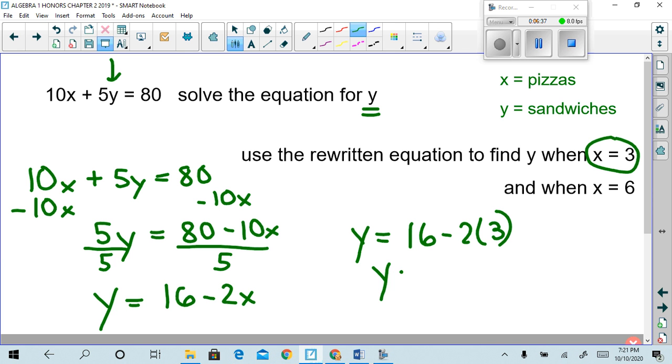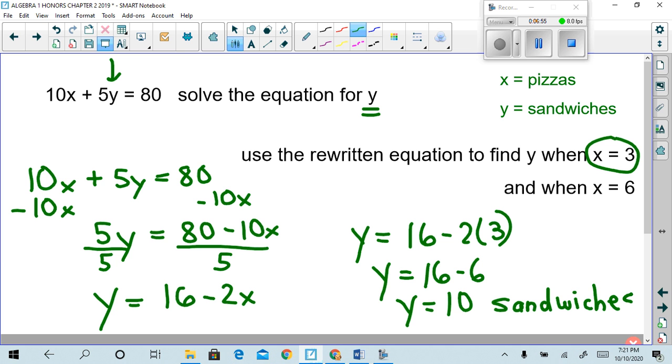Well, I've got 16 minus 6, so I can buy 10 sandwiches. It's good to have unit analysis so we know what it is we're looking at. And we can do the same thing with 6. Once we rewrite the equation, we can decide what we need to buy.